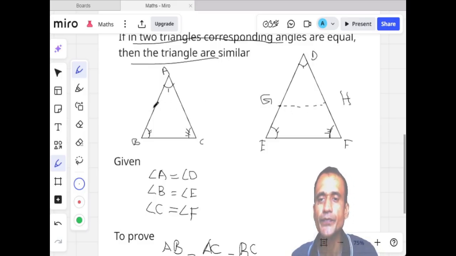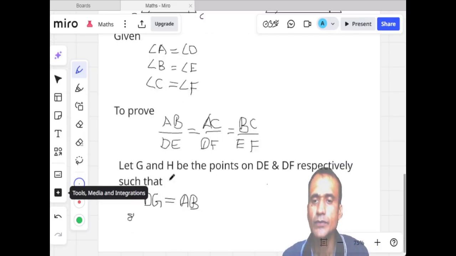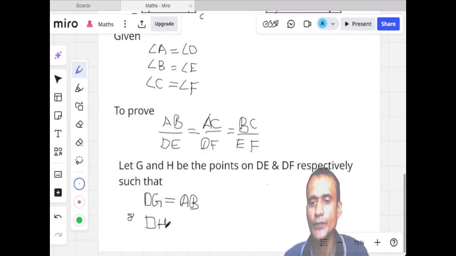So here AB is equal to DG and AC is equal to DH.